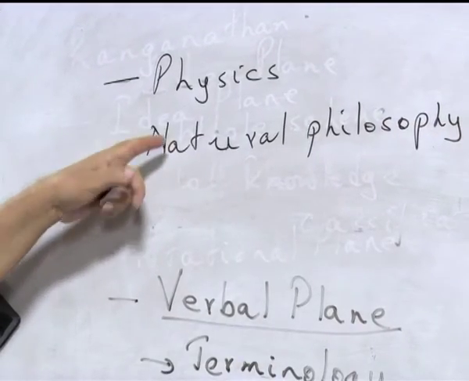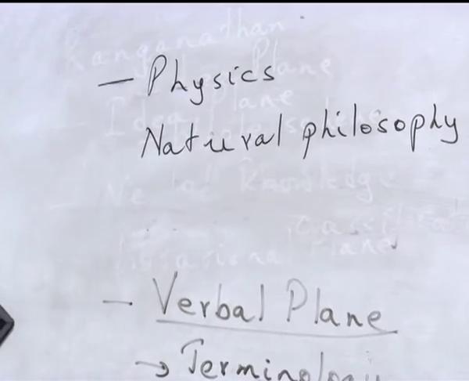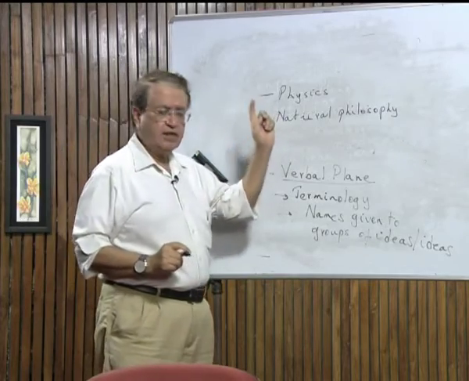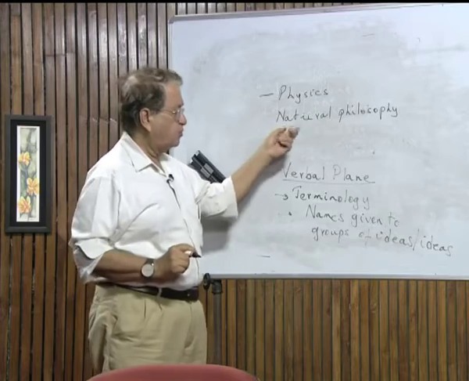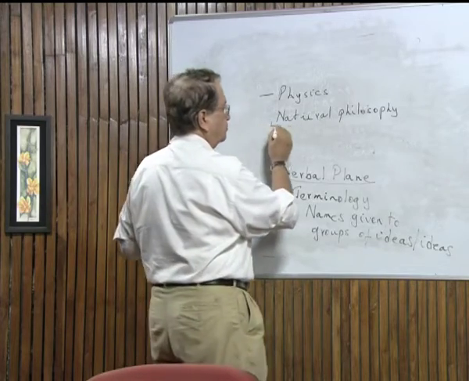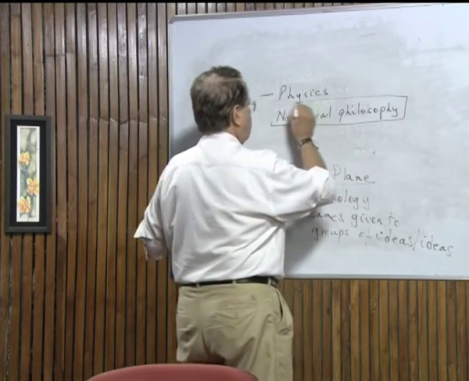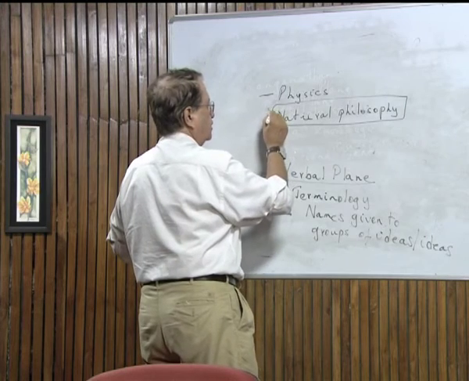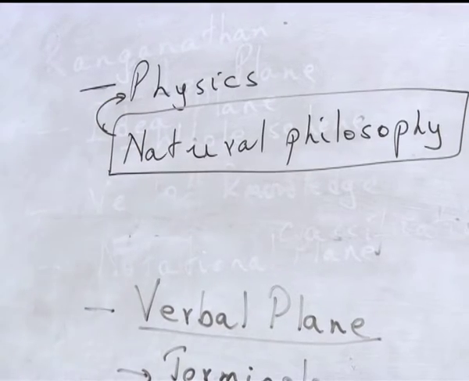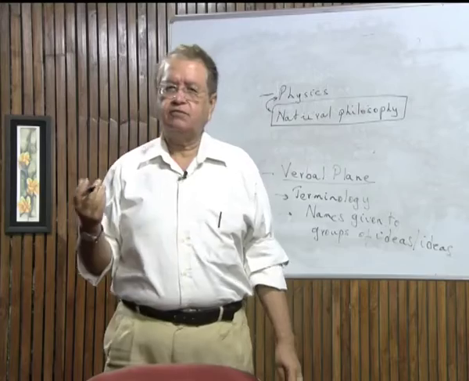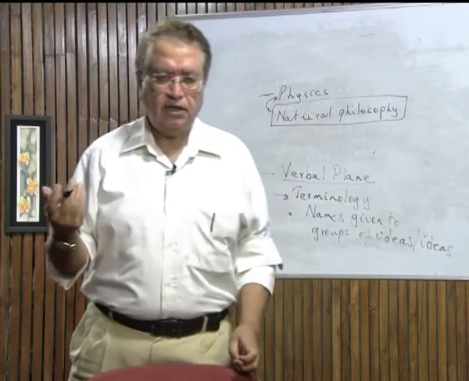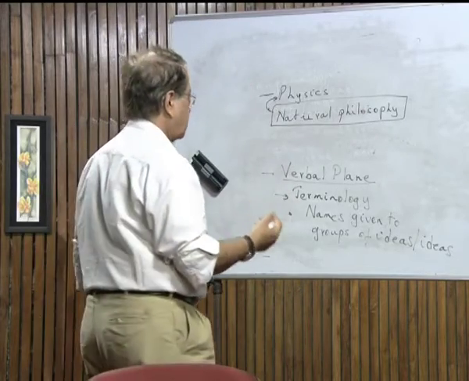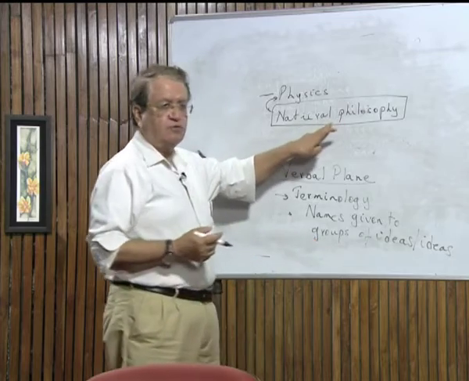Books published in the 18th and 19th centuries and the beginning of the 20th century use this term, and then slowly this term was replaced by physics. The subject that we call physics today was 100 years back primarily in the English language known as natural philosophy.